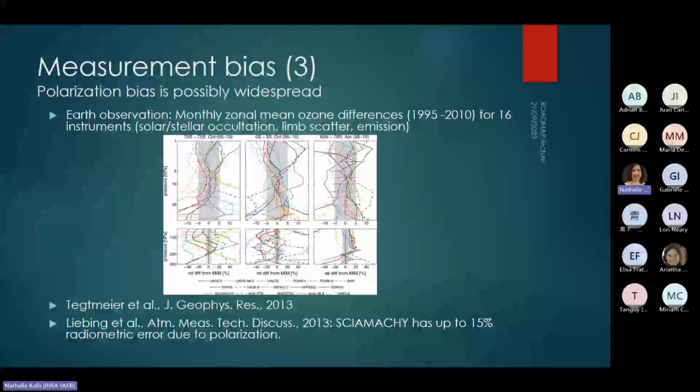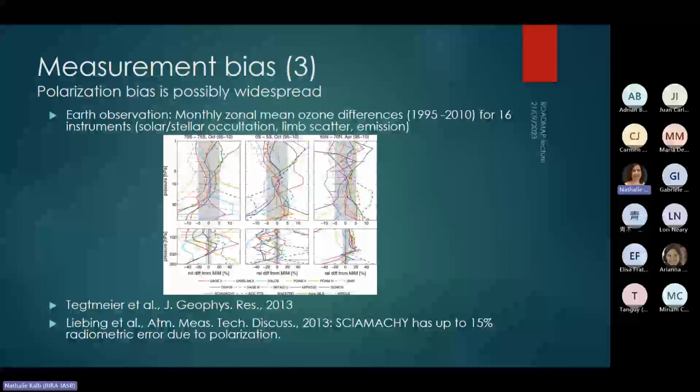Now, it's possibly a widespread bias due to polarization. I'm showing you a figure from the paper by Suzanne Tegtmeier from the University of Saskatchewan, published in 2013. These are zonal mean ozone differences from 1995 to 2010, 16 instruments: solar, stellar occultation, limb scatter, emission.